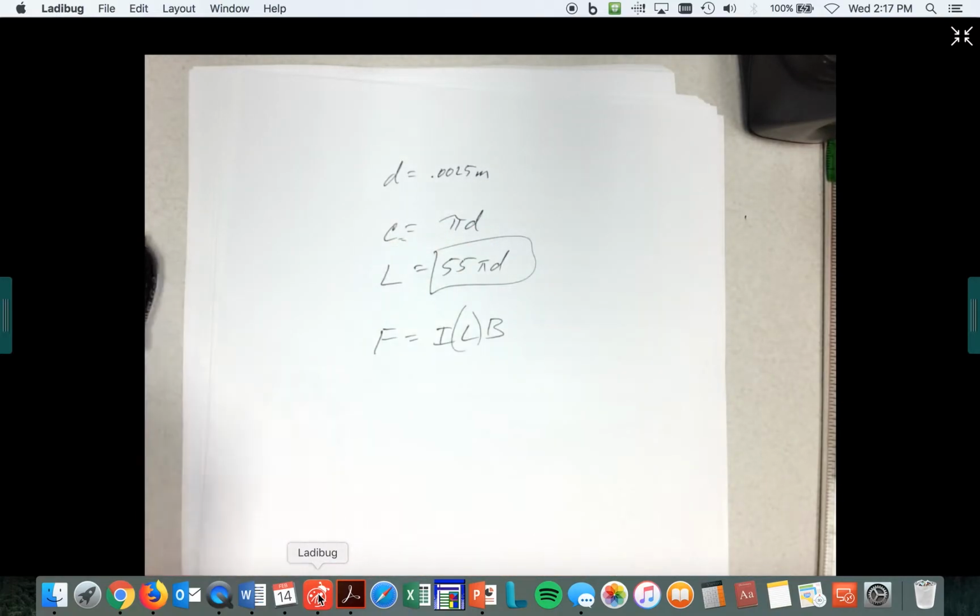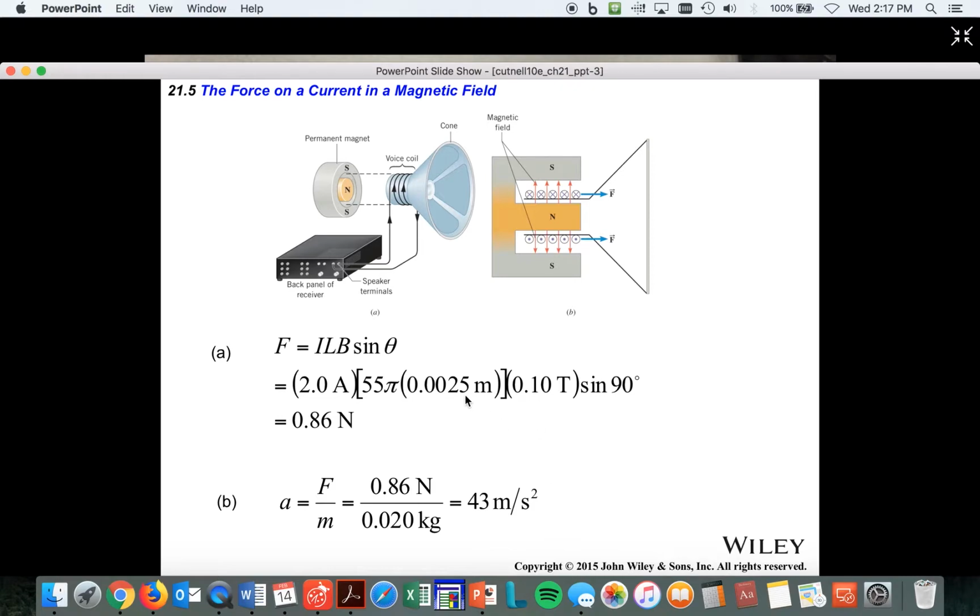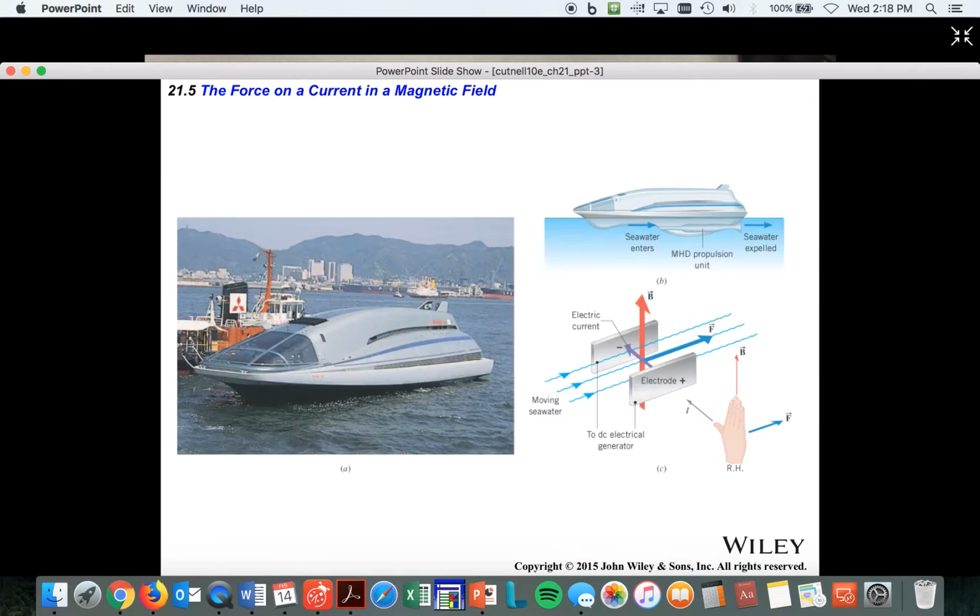That's all they're doing there. No biggie. They made it sound hard. There we go. And it's perpendicular to the magnetic field, so we're all good. 0.86 newtons, 43 meters per second squared. That's a lot of acceleration. That's really booming back and forth.